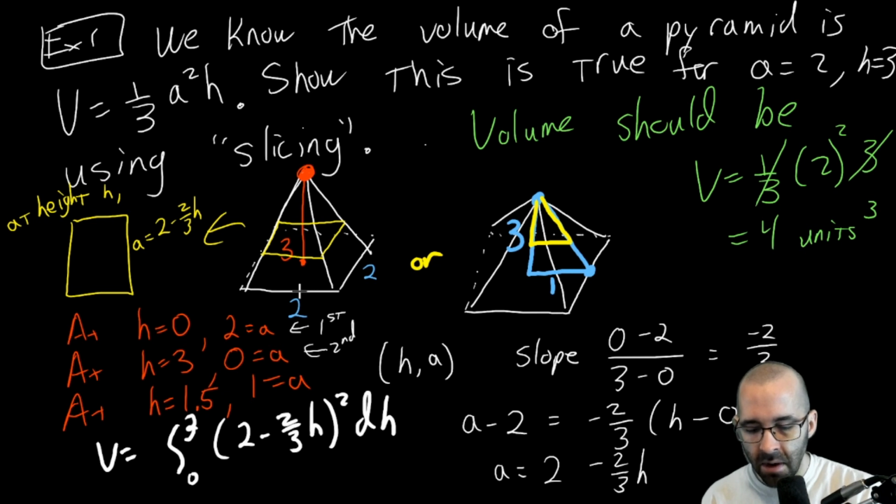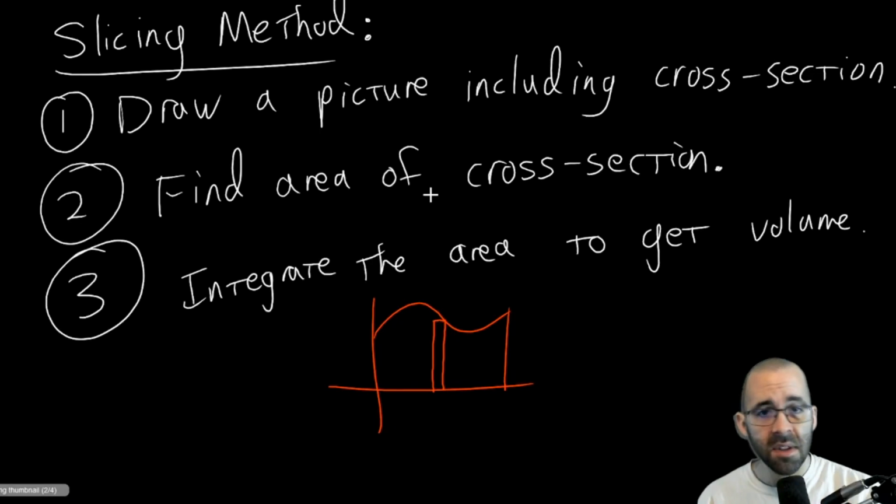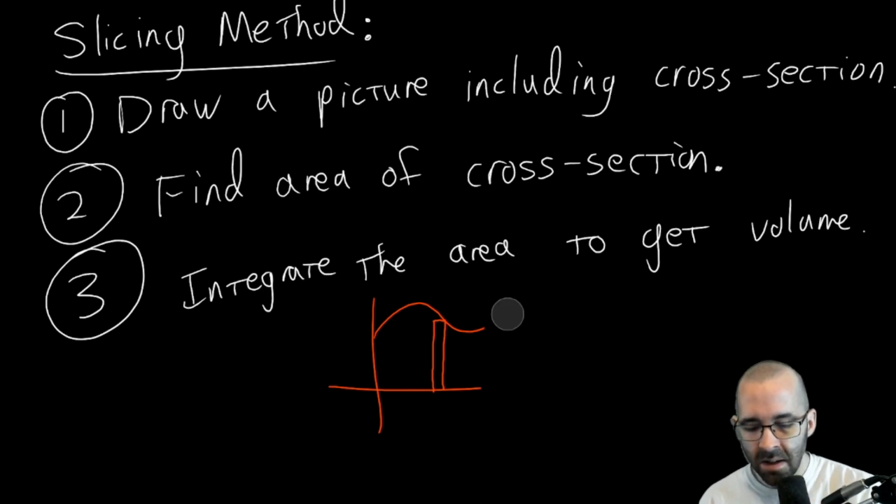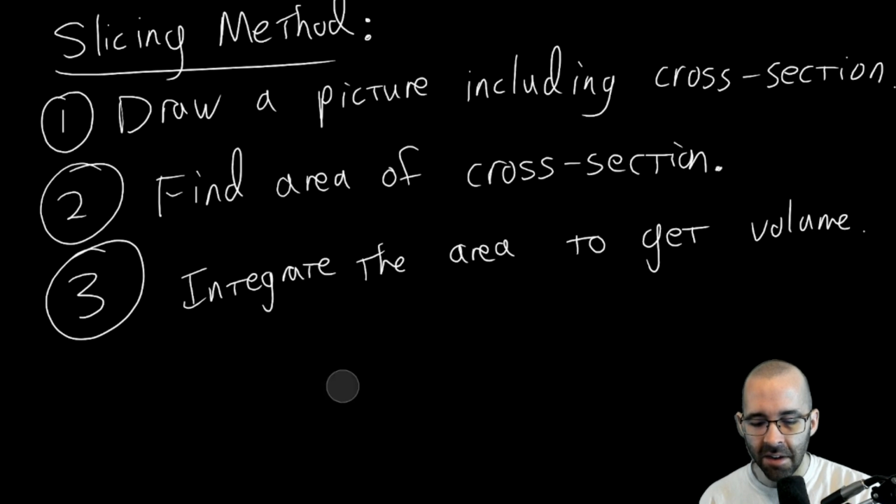And well, we're starting at a height of 0 on this pyramid, and we're going all the way up to a height of 3 on that pyramid. That's what we're integrating over, the height. So again, this is tough. We're going to do more examples. We're going to do more problems, but this is the slicing method, and this is how we can find volumes. Let me know if you have any questions, and good luck.